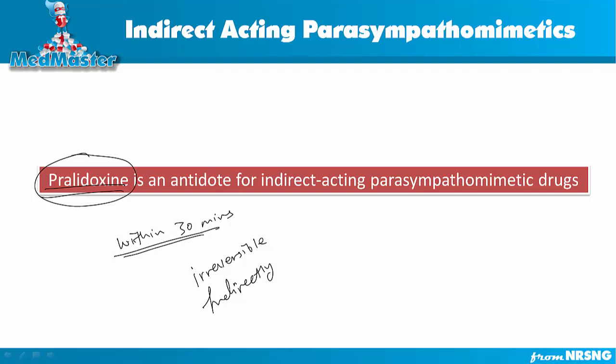And if I'm not wrong, these agents were used in either World War I or World War II as chemical weapons against armies, because they basically paralyze them. So that's why you want to be really careful. And this is the antidote.